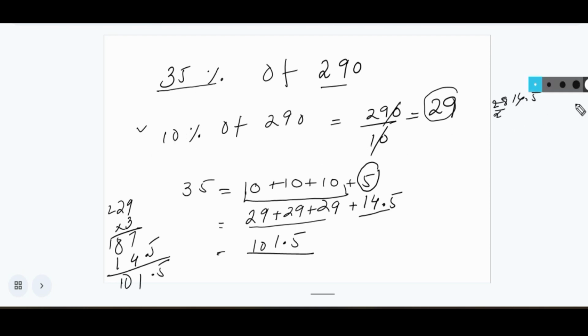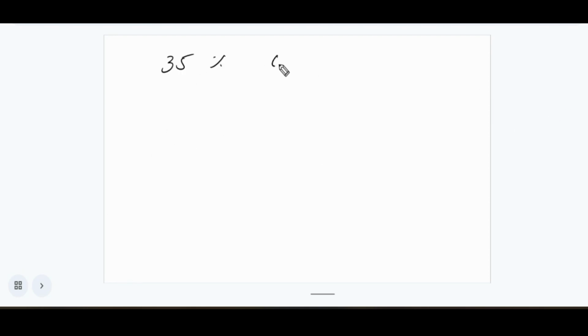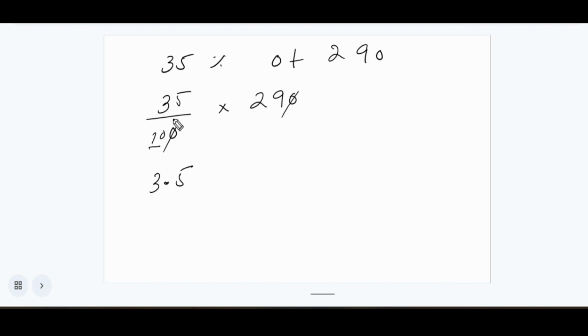The other way I'm also telling you, 35% of 290 by another way. As we have just learned, that is 35 divided by 100 times 290, right? So this 0 is going to be cancelled with this 0 and we know that 35 by 10 will become 3.5, because we are dividing it by 10, so the decimal will be moved one place back.